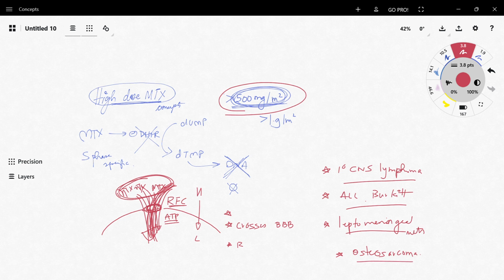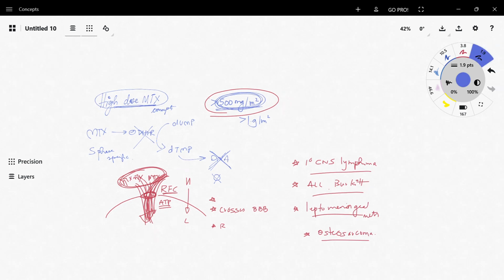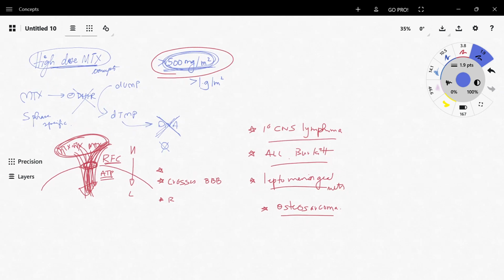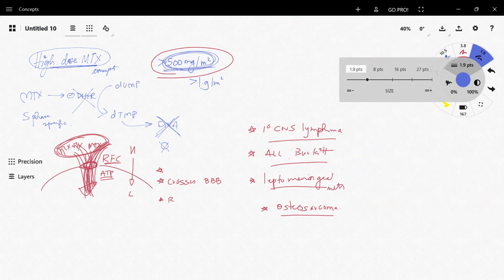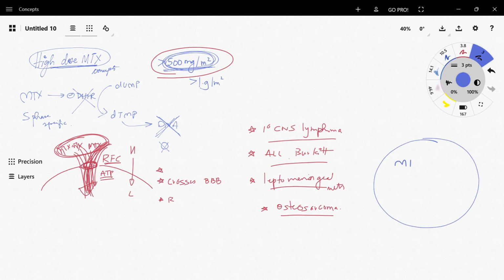Now let's talk about leucovorin and why it does not interfere with high dose methotrexate. Even though your end goal is to deliver more methotrexate to cancer cells, you should always treat them with leucovorin, and I'll tell you why. So when methotrexate enters the cell, there is an enzyme called folylpolyglutamate synthase, abbreviated as FPGS.